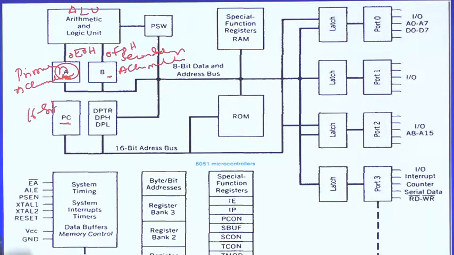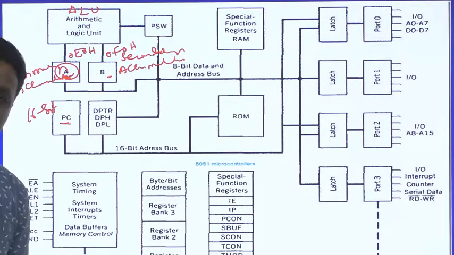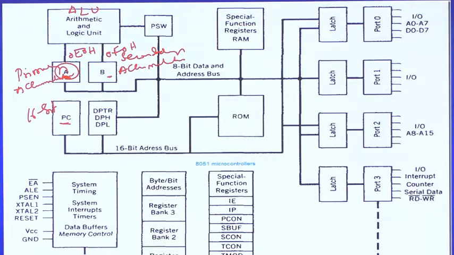Here the program memory is nothing but read-only memory, ROM. For execution, your program has a set of instructions. Those instructions are executed by the CPU of your controller one after another. Those instructions are accessed with the help of this program counter PC, because the program counter always generates the address of the next instruction byte that we are going to fetch from the memory.